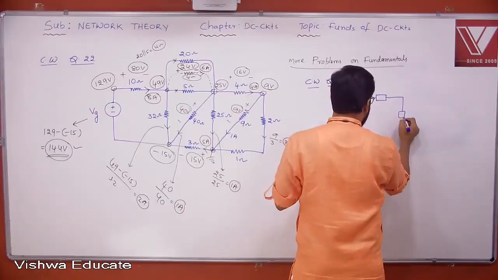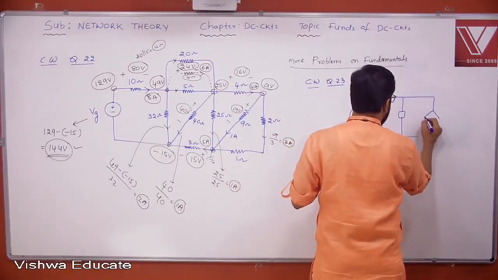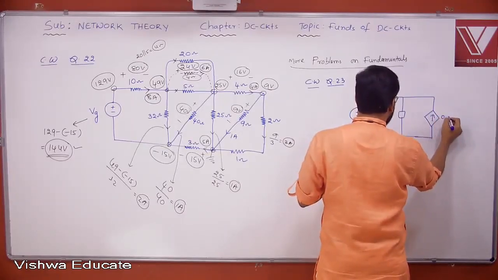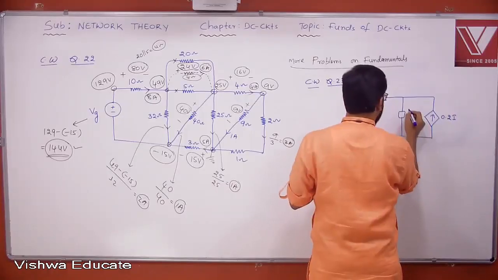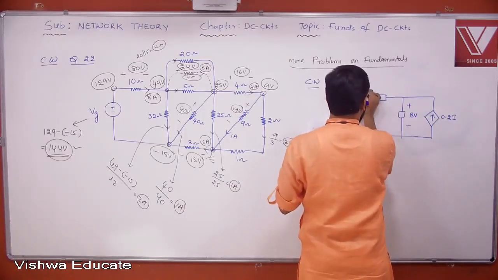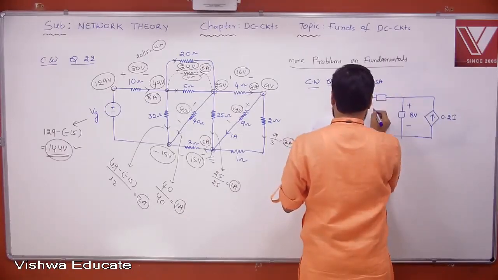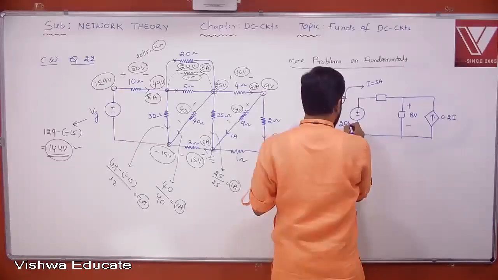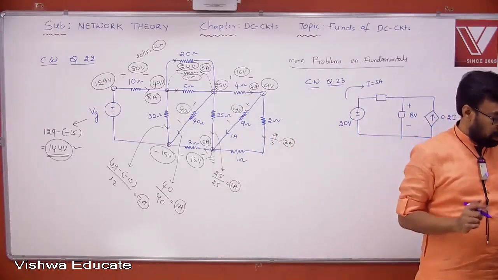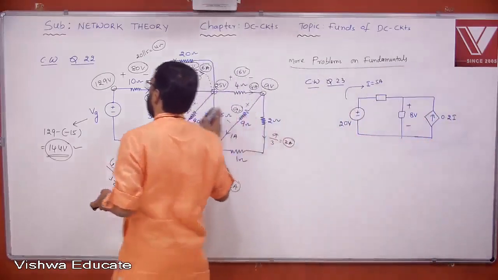You can just refer to the problem here. Find the power supplied or absorbed by each element. Make an attempt, all of you. You can try first on your own. I'm going to explain that.